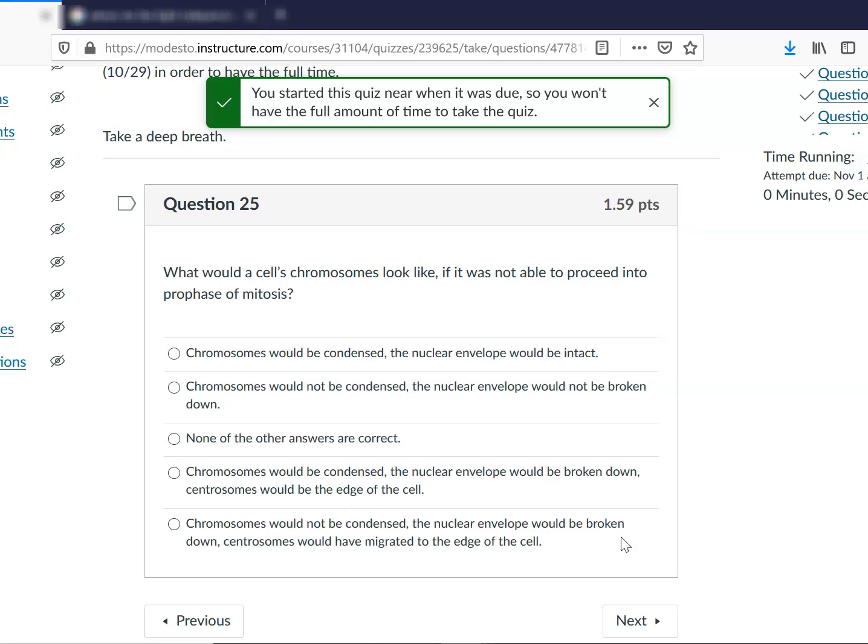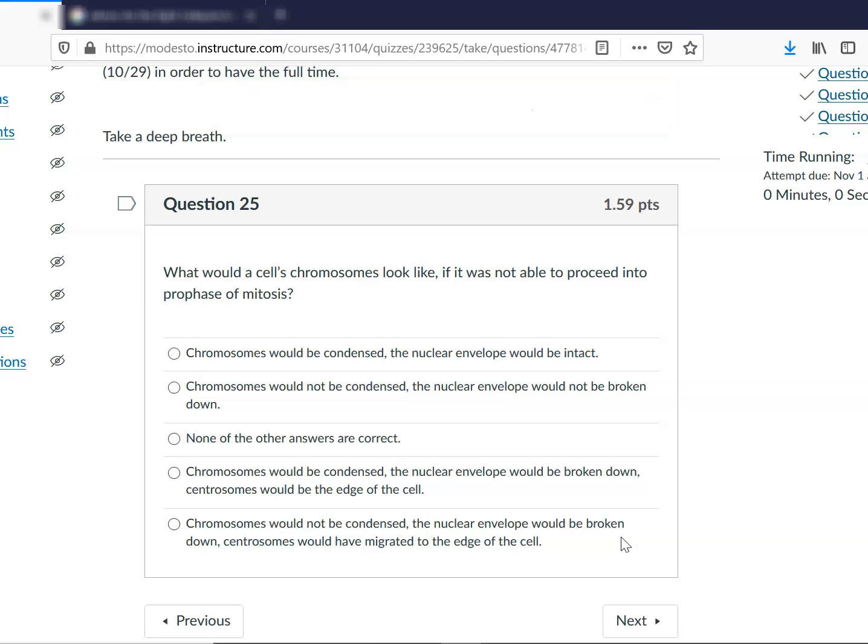What would a cell's chromosomes look like if it was not able to proceed into prophase? So if it's not able to proceed to prophase, we are stuck in interphase. Chromosomes would be condensed, nuclear envelope would be intact. Chromosomes would not be condensed, the nuclear envelope would not be broken down. That sounds like the hallmarks of prophase are chromosomes condensing and the nuclear envelope breaking down.